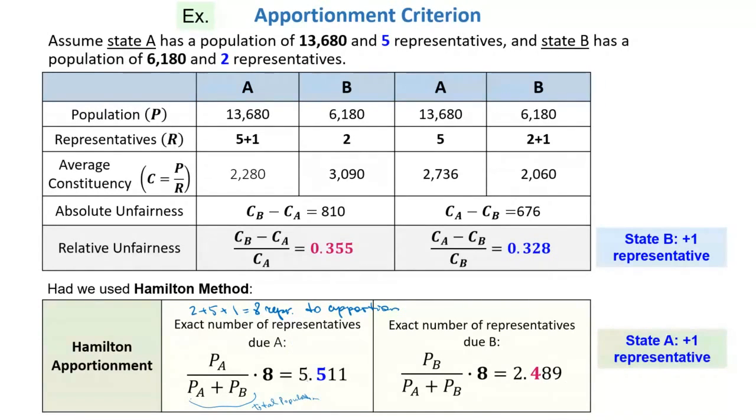Okay, first we assign 5 and 2, the integer parts, and then we assign the next representative to the state with the greatest fractional part, .511 and .489. .511 is greater than .489, so A gets an extra representative and gets 6 representatives. You see, different methods may give different apportionment.